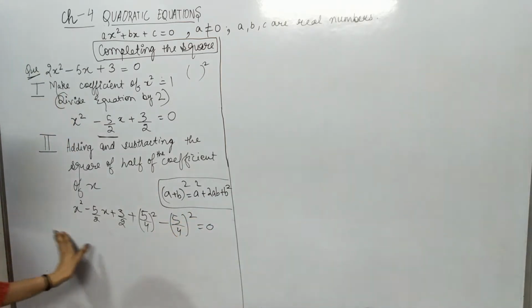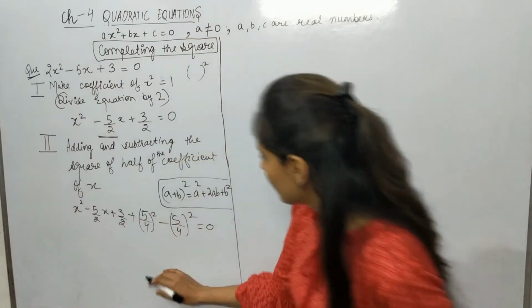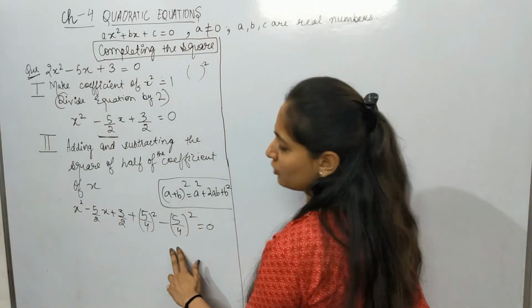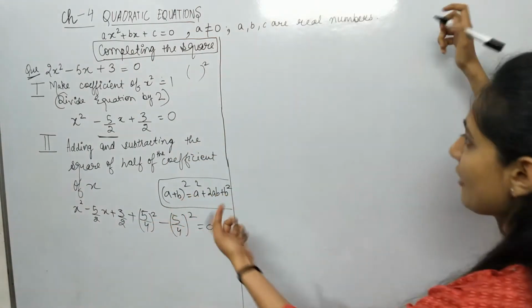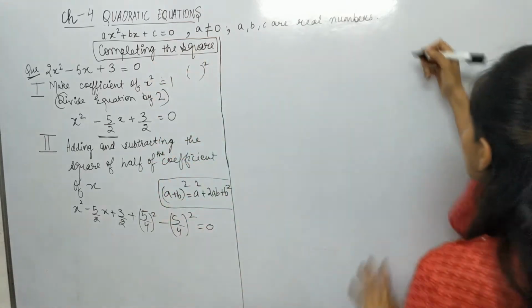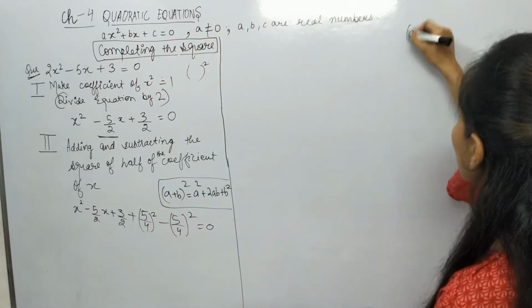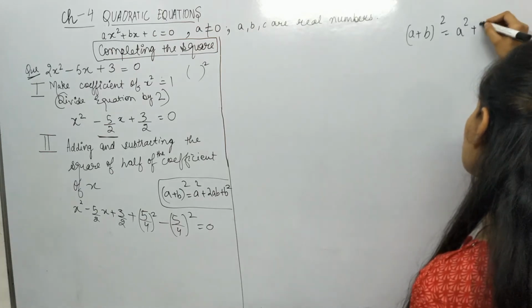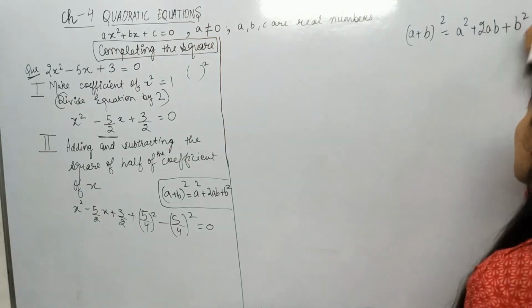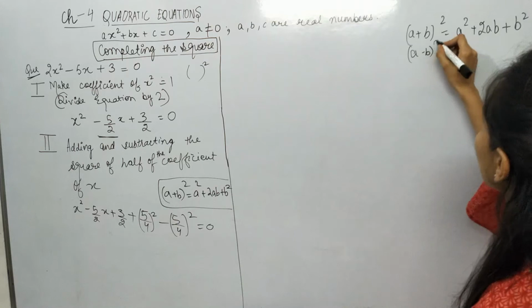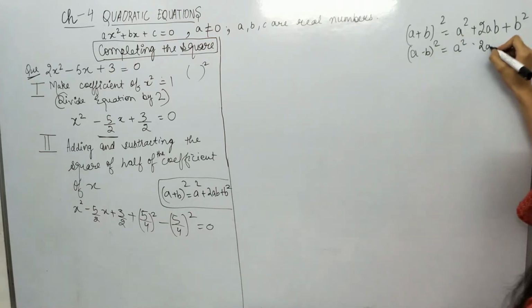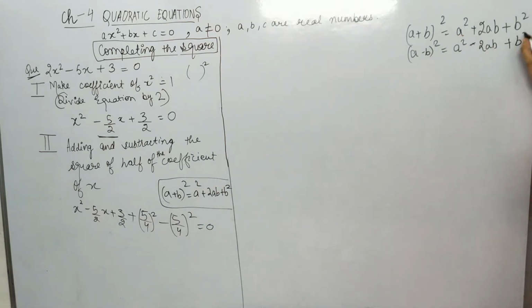Okay. On making this, you will see that on this side we will make a plus b whole square or a minus b whole square. We have to complete the square. How will we complete the square? If it is a plus b whole square, the formula is a square plus 2ab plus b square. And if it is a minus b whole square, the formula is a square minus 2ab plus b square.